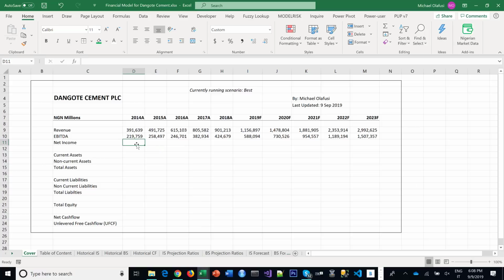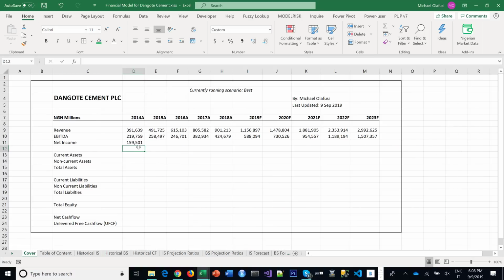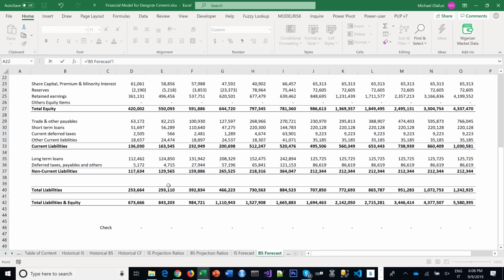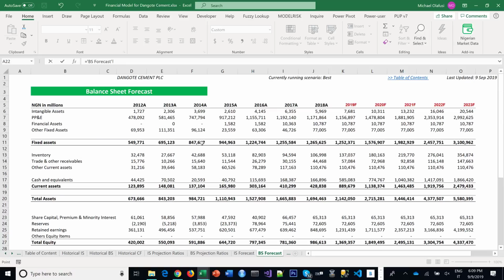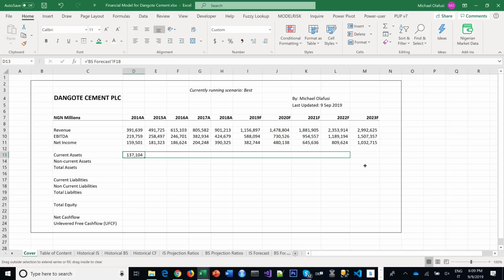Then the net income from 2014. And that also I drag forward. The current assets from 2014. Current assets. Drag it forward.